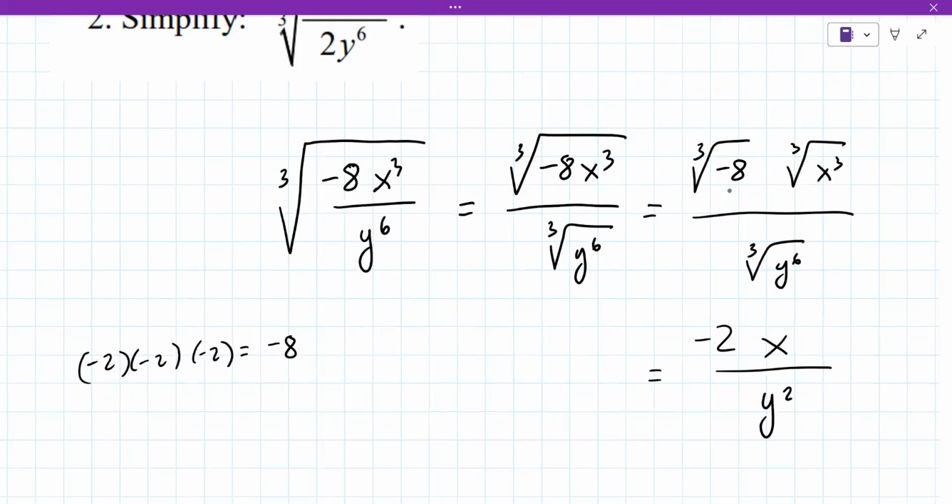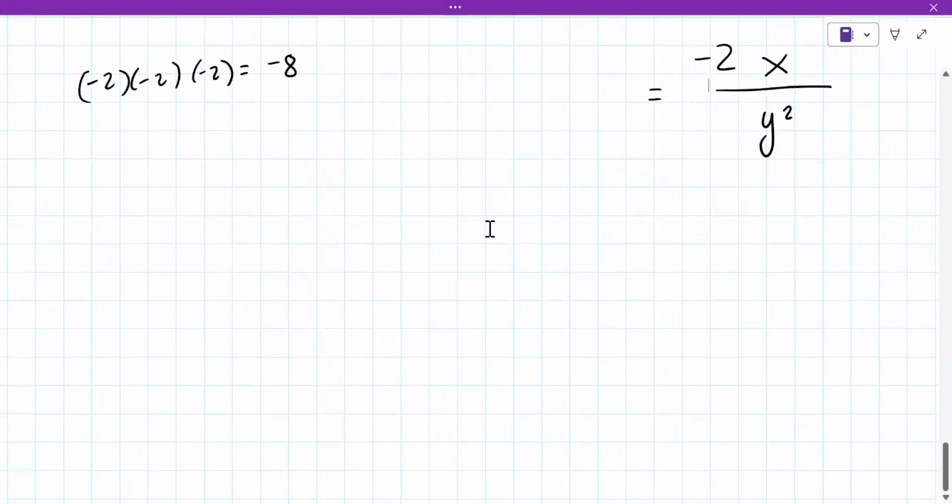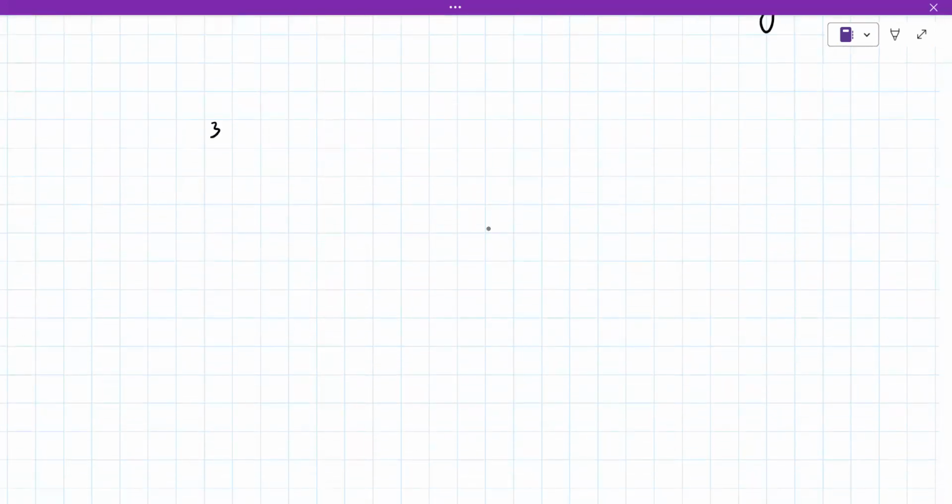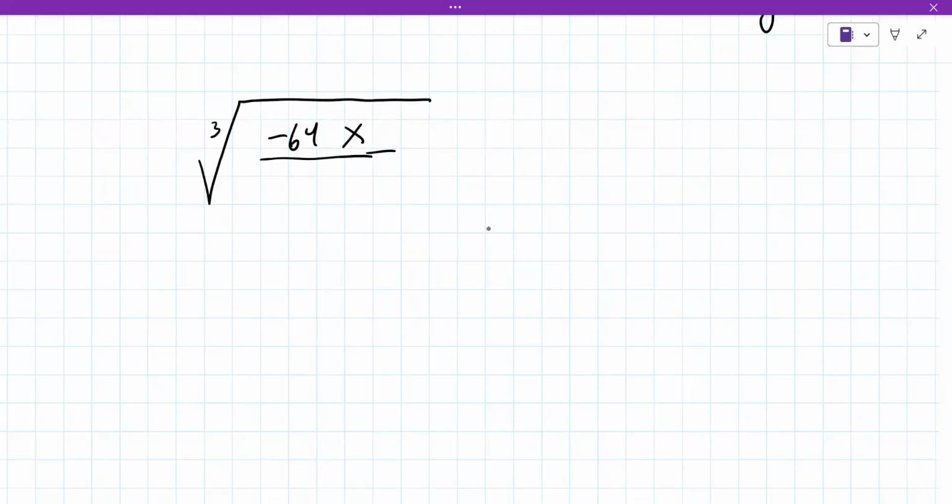Would you like one more of these, or do you want us to move on to another problem? Maybe just one more. Let's try the cube root of -64 x to the 9th power y to the 15th power.